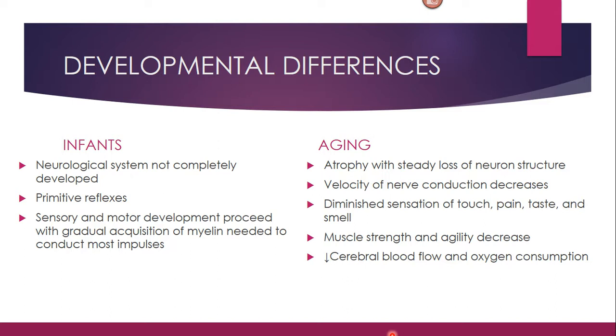Okay, so now when we talk about aging, this is the normal aging process for our geriatric population. They will have atrophy, so they get a steady loss of neuron structure. The velocity of nerve conduction will decrease, making their reaction time slower in some of our older patients.